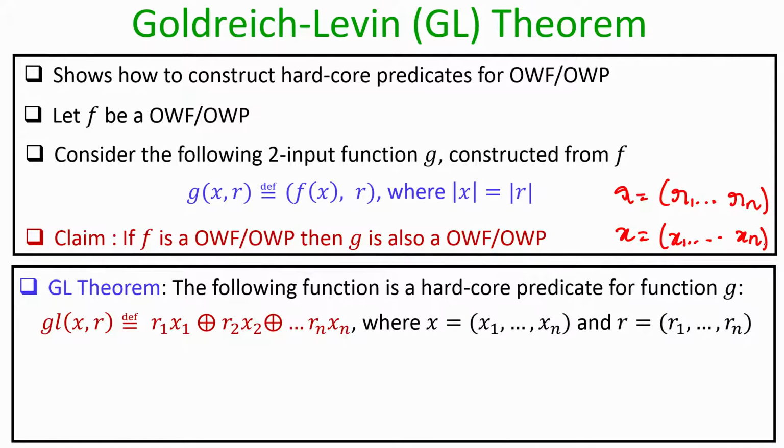These are the two inputs for the function g, and the hardcore predicate associated with g is denoted by the function gl. The function gl is basically the random linear combination of the bits of x, where the combiners are defined by the bit representation of the input r. And the Goldreich-Levin theorem claims that this function gl of x comma r is a hardcore predicate associated with the function g.